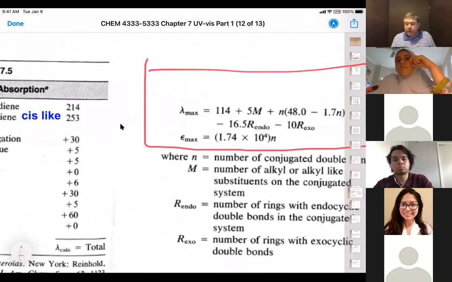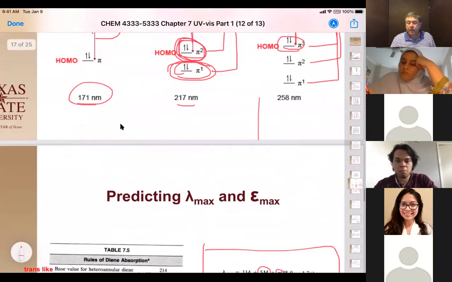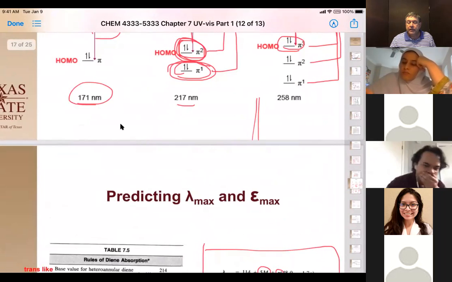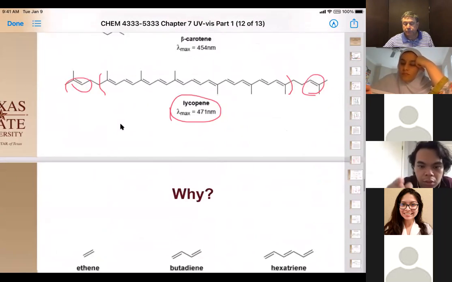Then you have the number of alkyl substituents times 5, and then the number of double bonds in conjugation. So in lycopene up here, it has 13 double bonds, but only 11 of them are in conjugation. So we'd only use the number 11 there.